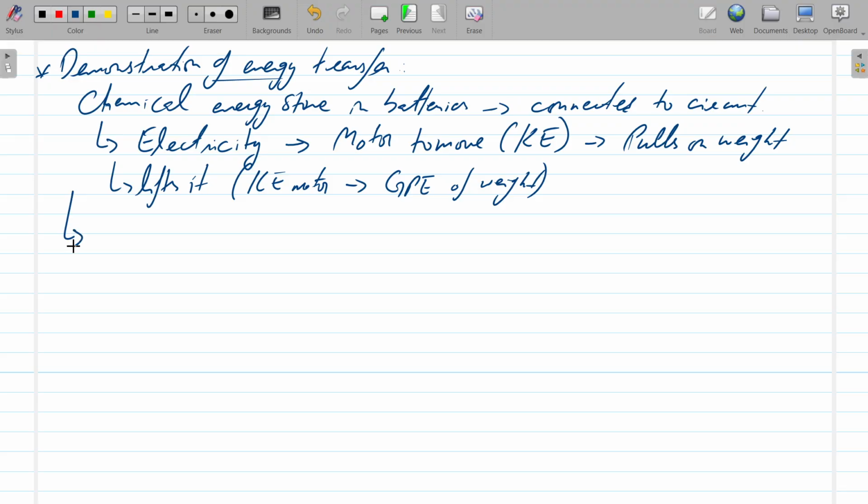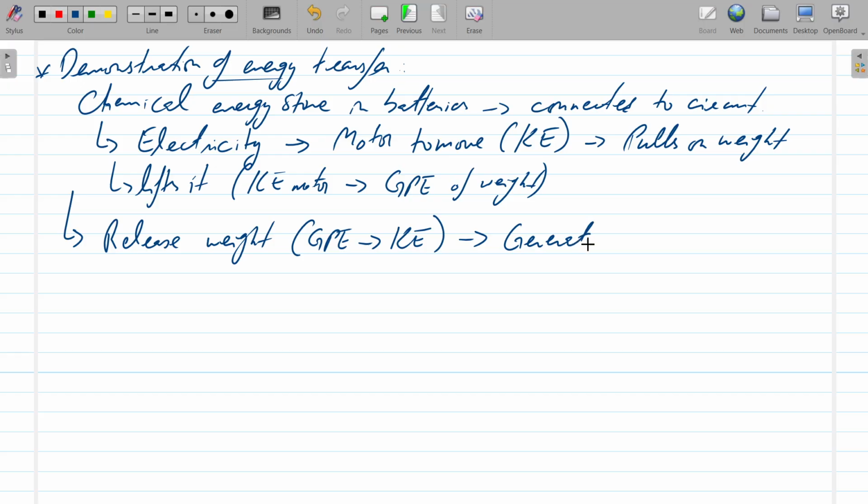Then what they do is that they release the weight, and so the gravitational potential energy is converted to kinetic energy again, and that kinetic energy is transferred to the movement of a generator, and that generator causes a lamp to light up.